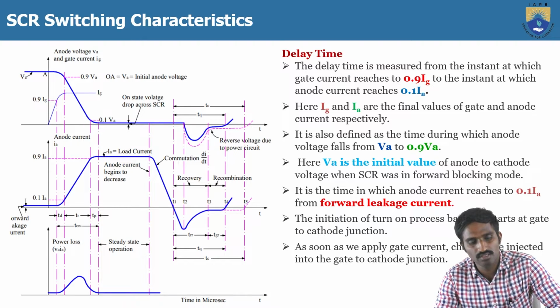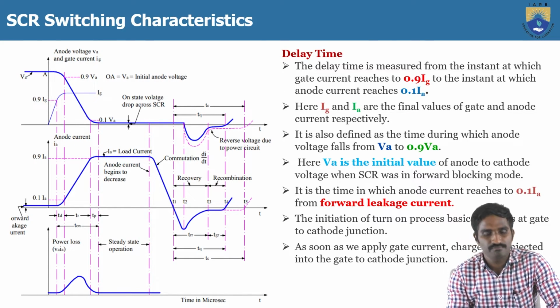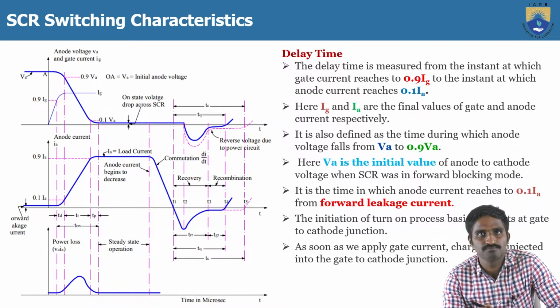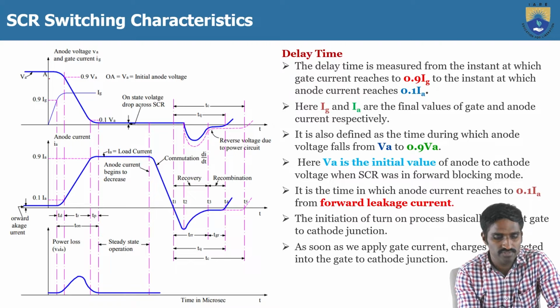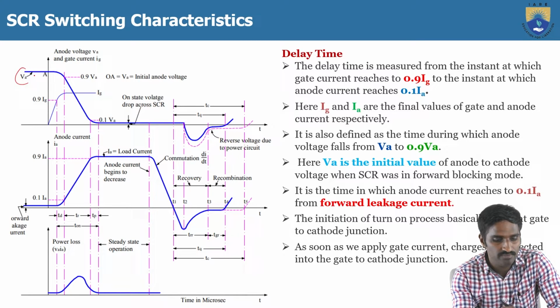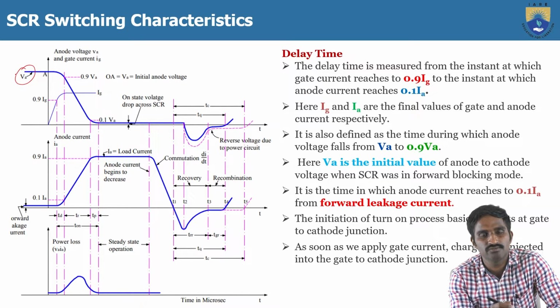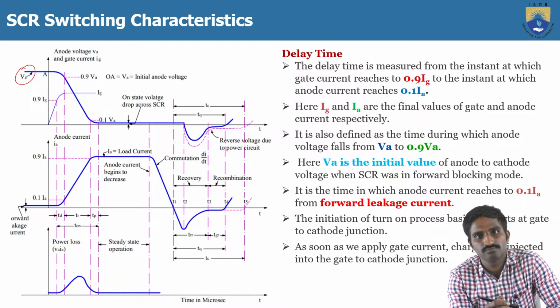Here you can see the switching characteristics of the thyristor. There are different curves here. This curve represents VA, the anode voltage, which means the voltage across the anode and cathode, that is the forward biased voltage which we are applying.